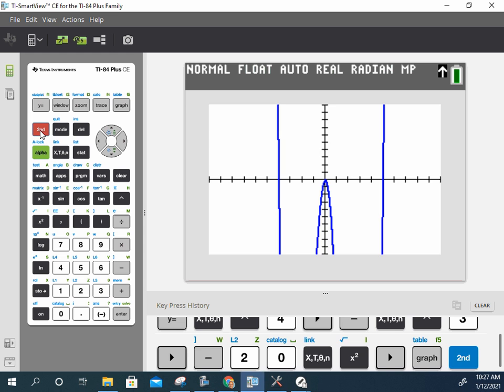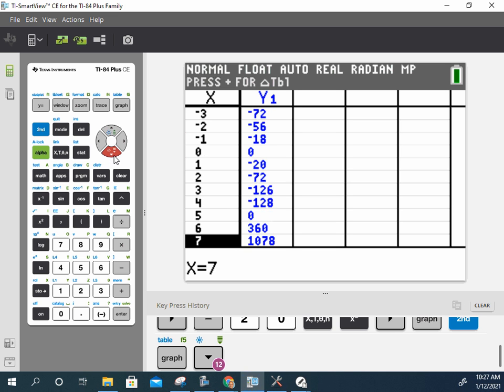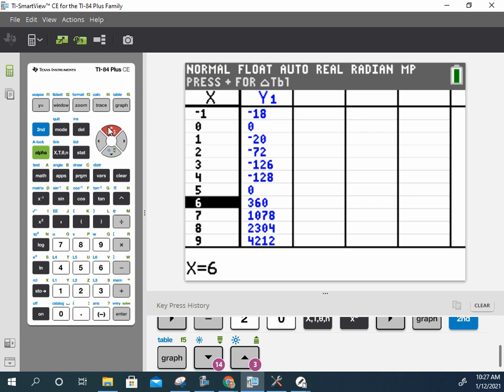Now we look at the table to find some points to plot. On your table, you might have to use your arrow keys to move up or down so you can see what kind of numbers you're working with.